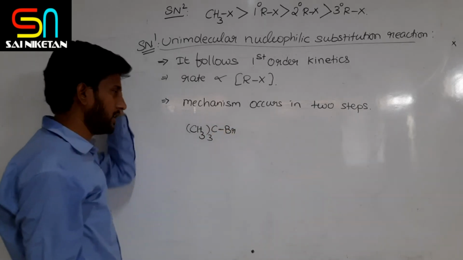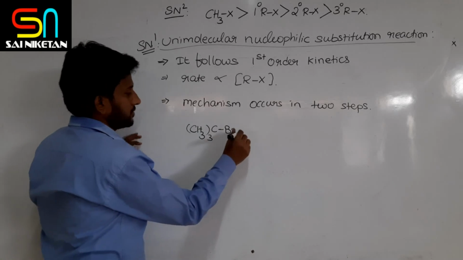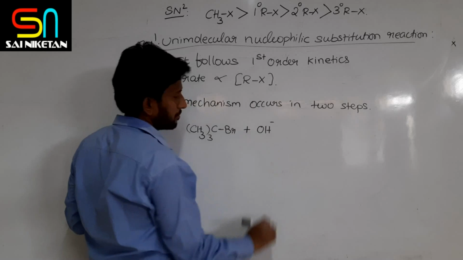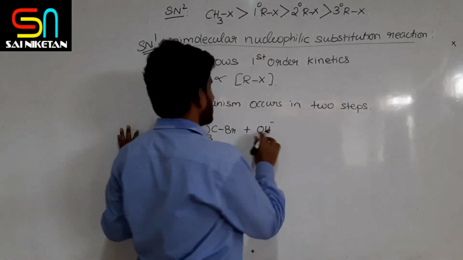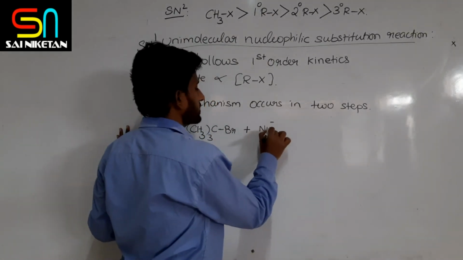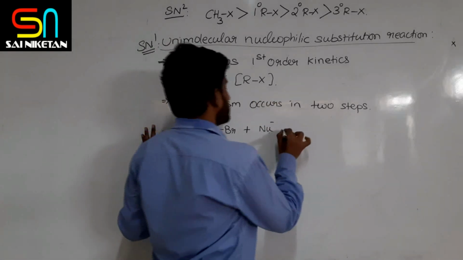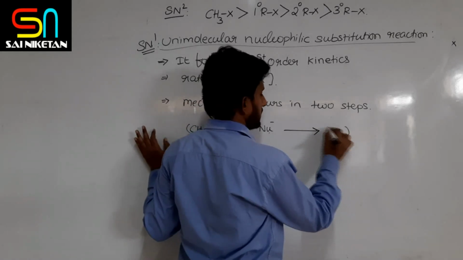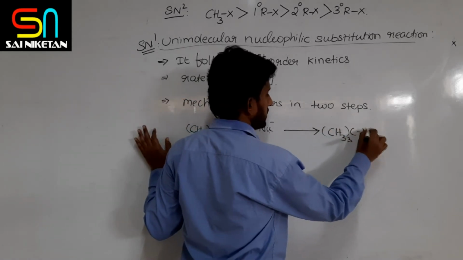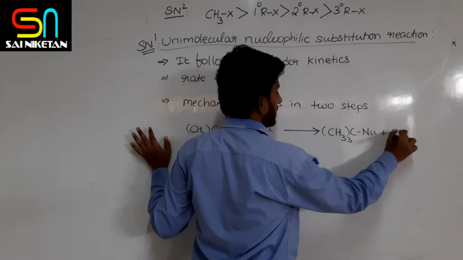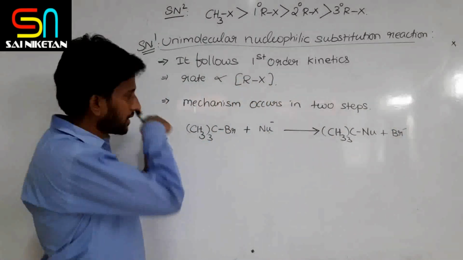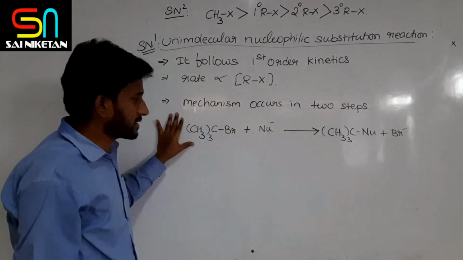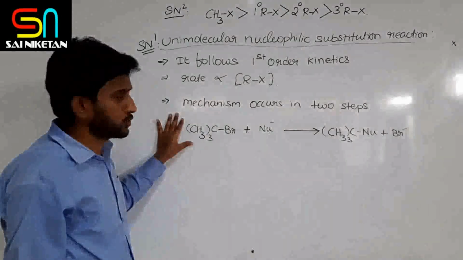Let us take tertiary butyl bromide. This molecule, in presence of some base or any common nucleophile, gives rise to (CH3)3C-Nu plus Br minus. This is one example I have taken, and this reaction takes place in two steps.